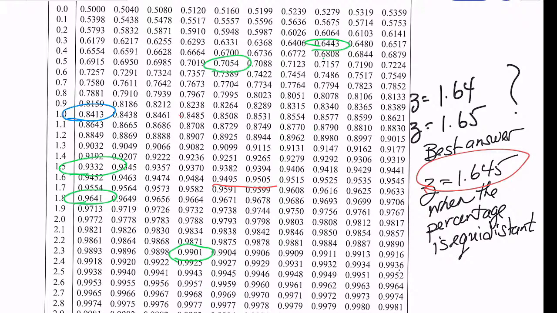Which one is closest? It's supposed to be between 1.88 and 1.89, but it's not equal. This one is closer. Exactly. So I'll pick 1.88.